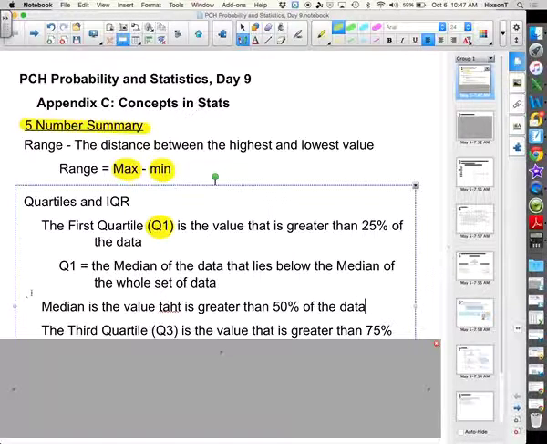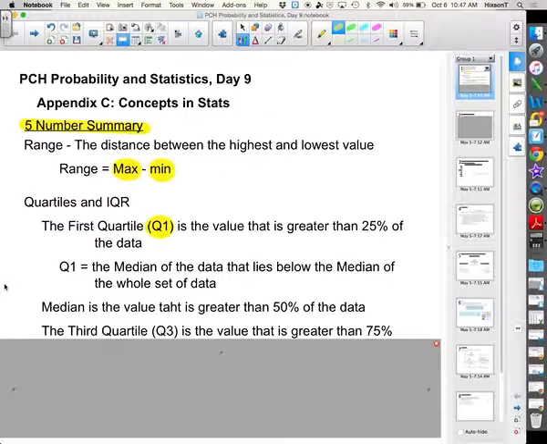Okay? And the reason why I include that here is because this is a third number in our 5-number summary. Okay, so we have the min, the first quartile, the median, and then we had this third quartile, and then we have the max.